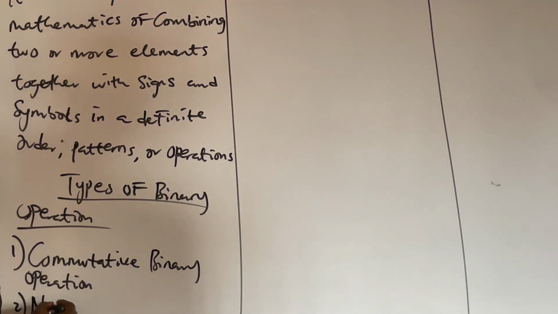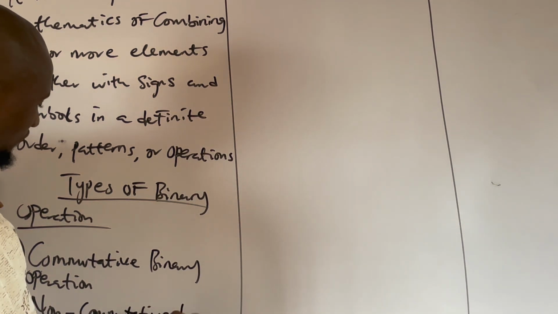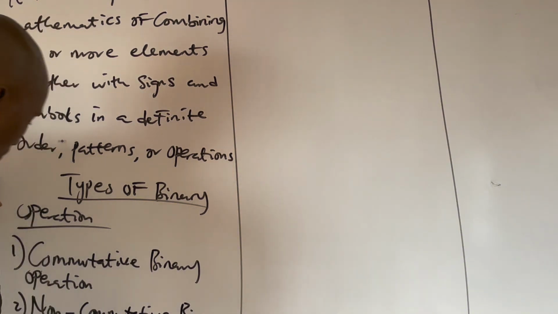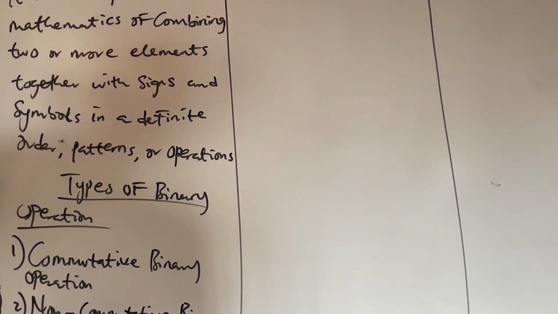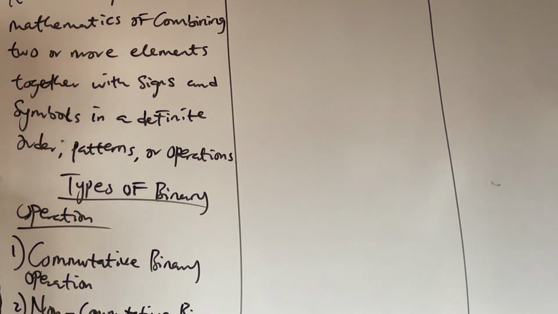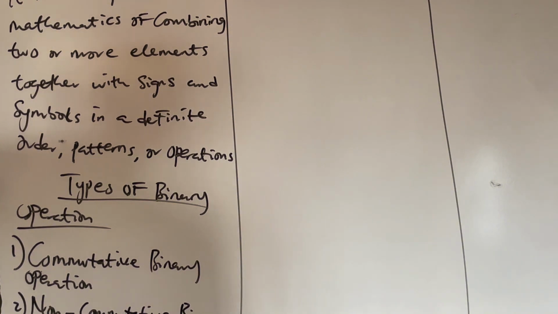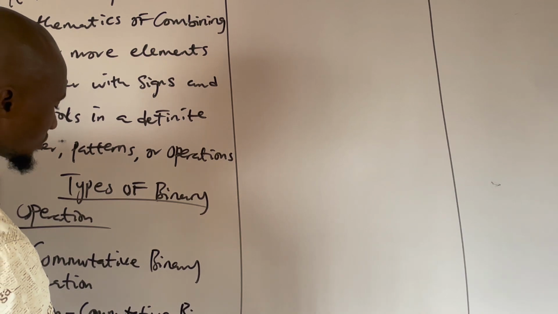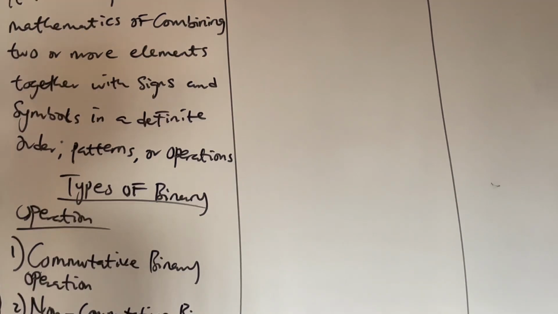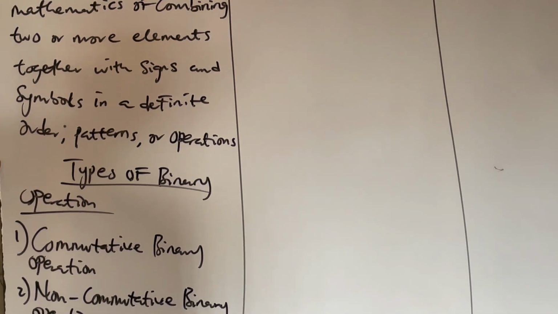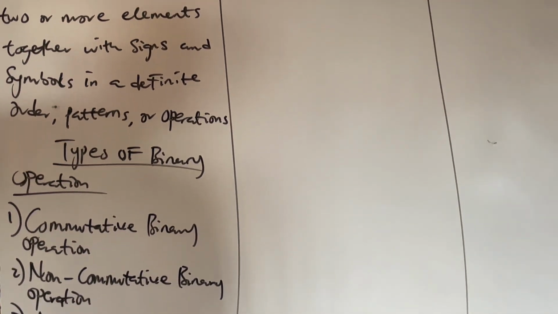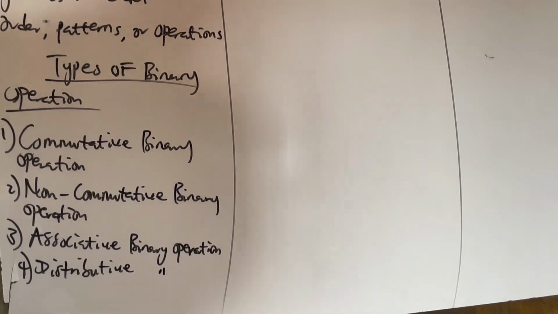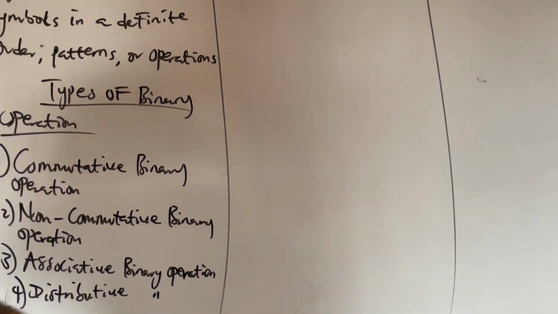Second, non-commutative binary operation. Don't mind my handwriting. Third, associative binary operation. And the last but not the least, distributive binary operation. So let's continue over here.